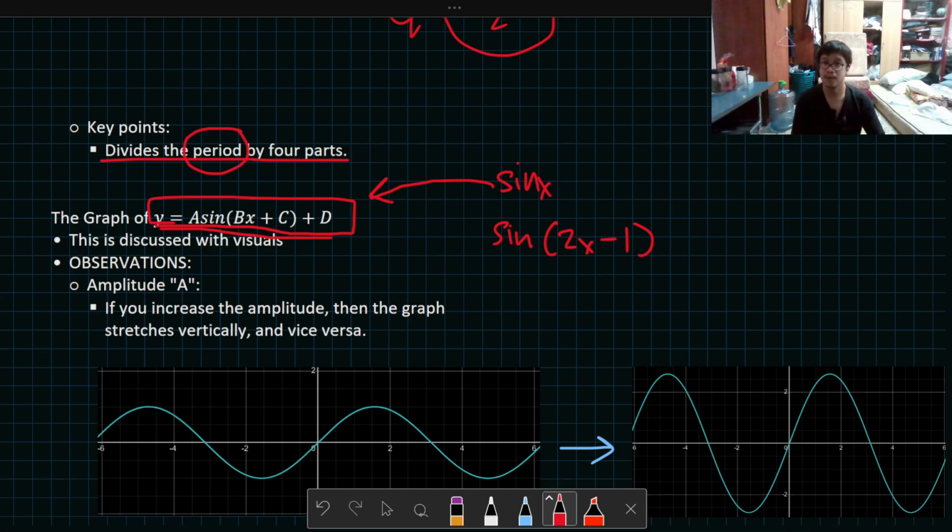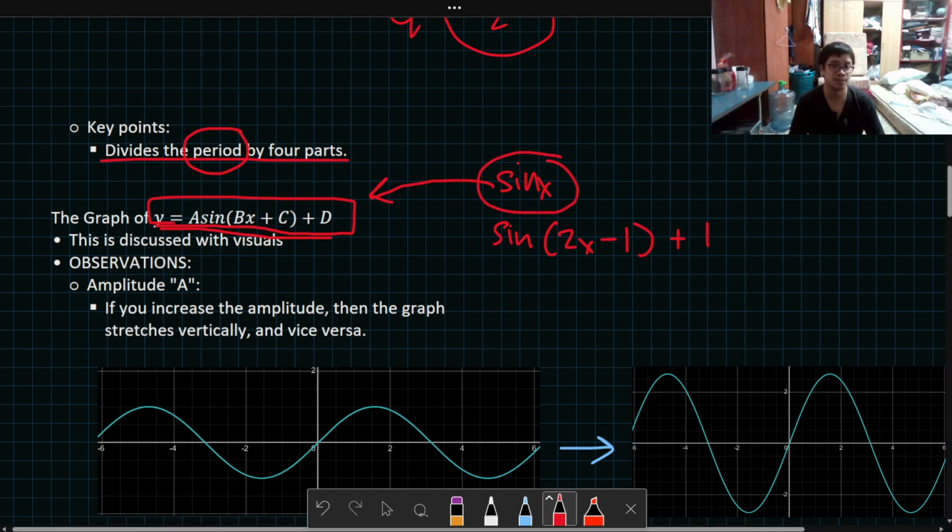What does it mean? Also, what if we have a constant term outside, like for example, 1? This one is still a sine function, but in terms of graphing it, it would be somewhat different to the original function.